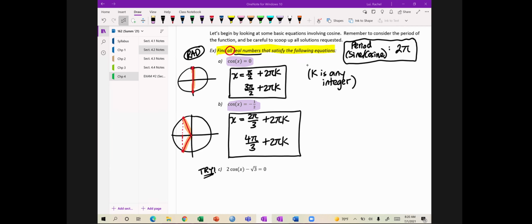Okay, so let's take a couple more minutes and then we'll share. So I repeat the 3 steps. We are isolating the trig function, finding the solutions in one period of the function, and then generating all solutions by adding period times k to each solution.